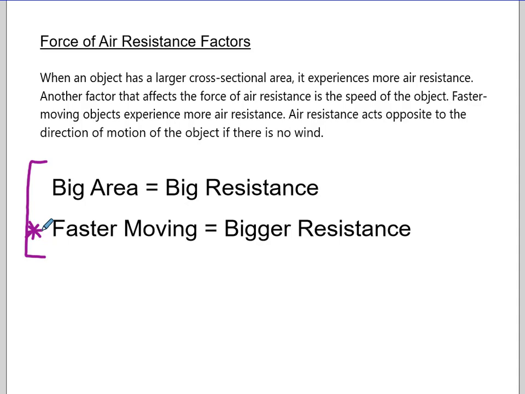So now the speed changes, which leads to a change in the force of resistance, and it just keeps going in this big cycle. Mathematically it starts to get a bit overwhelming. So mostly we're interested in just the concept that air resistance affects the forces that are on an object, especially on a skydiver, and that's where we're going to spend a little bit of time.